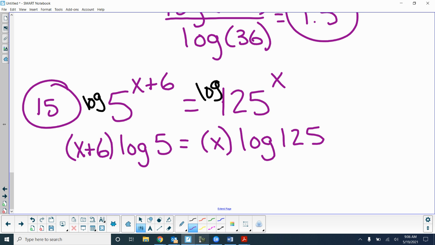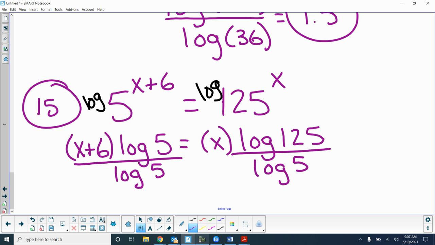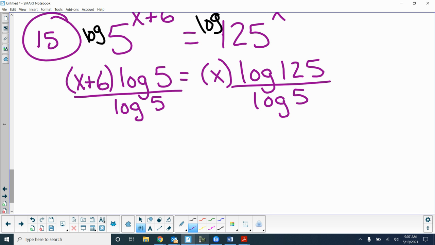We move the exponents out front. Okay? Now, what do I do with that log of 5 if I'm going to try to solve this? I need to move it to this side, right? So divide both sides by the log of 5. Okay? So what happens to the two log 5s on the left? They cancel. So the left is x plus 6. And then we just did that problem. What was that?